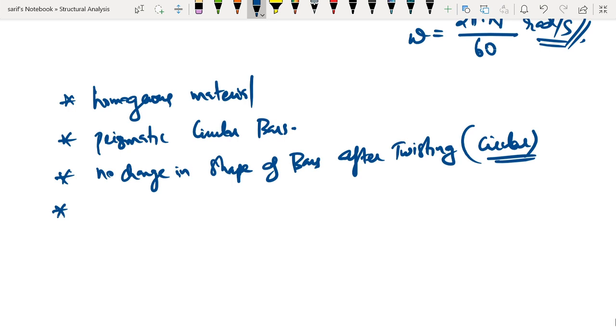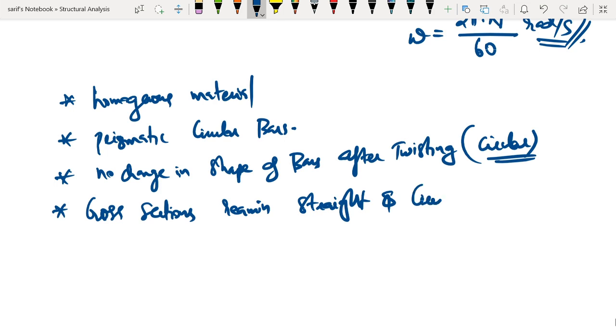And another thing is the cross sections. The cross sections remain straight and circular after twisting.